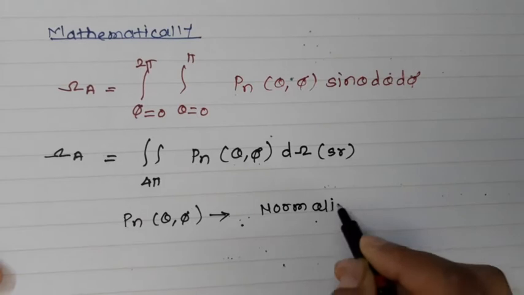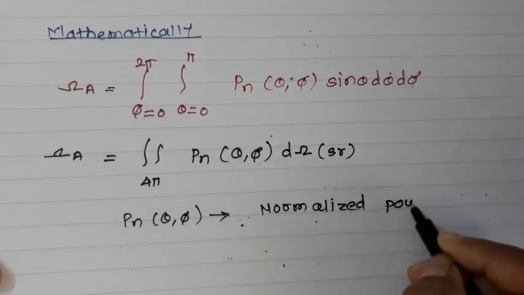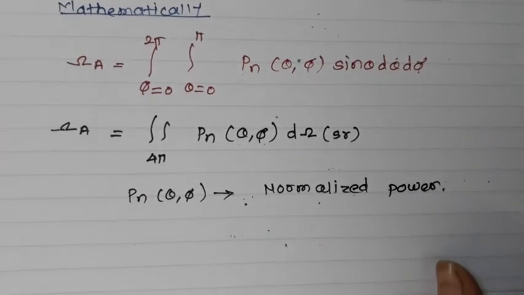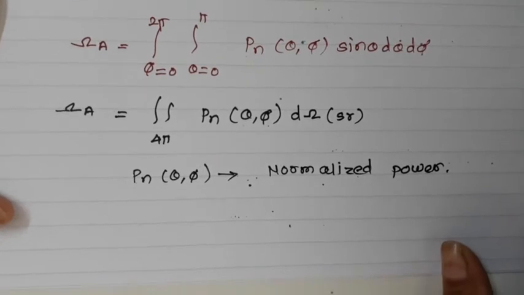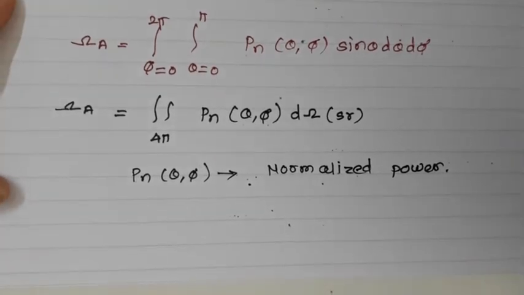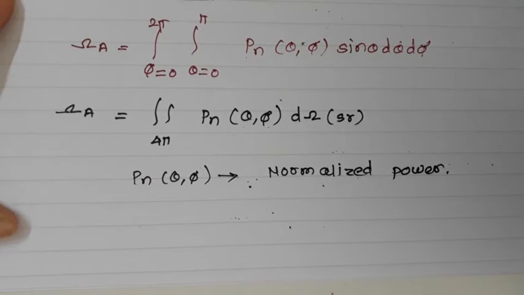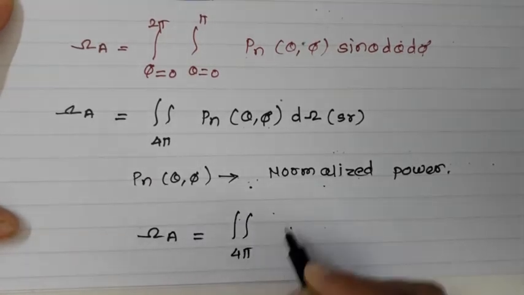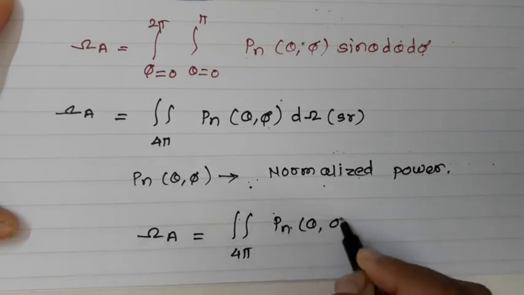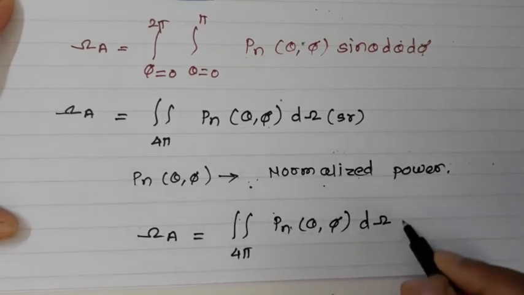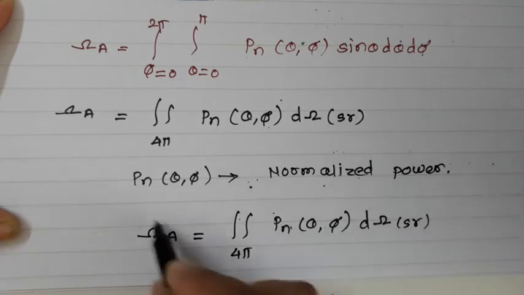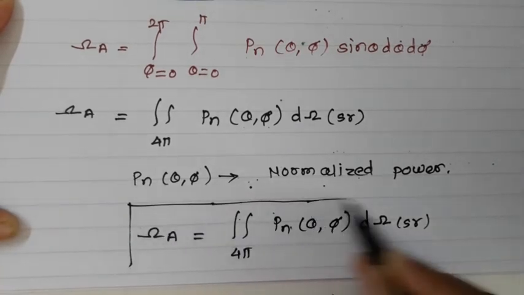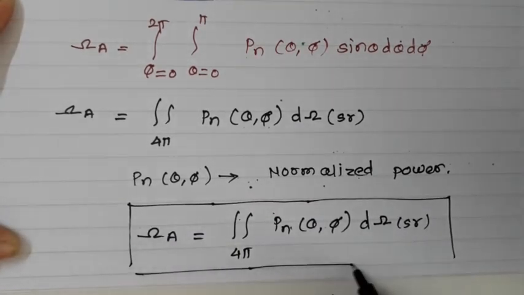So the beam area in terms of the normalized power is ohm A equal to the integral over 4 pi of Pn theta phi d ohm steradian. So this is all about the beam area in terms of the normalized power.